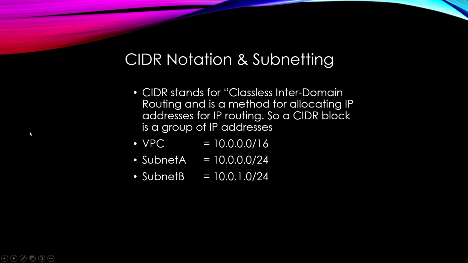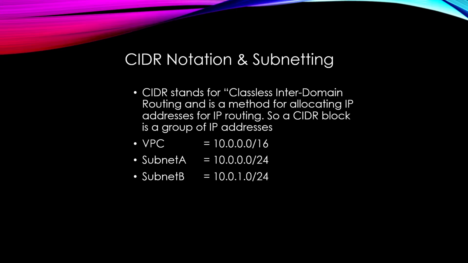I think most people understand the concept of a region as a geographic location, and an availability zone is like a physical place inside there. There are multiple availability zones in a region, and there's multiple regions in the cloud. So where it really breaks down is when people start looking at addressing, subnetting, CIDR notation, stuff like that. So that's what I'm going to spend some time on here.